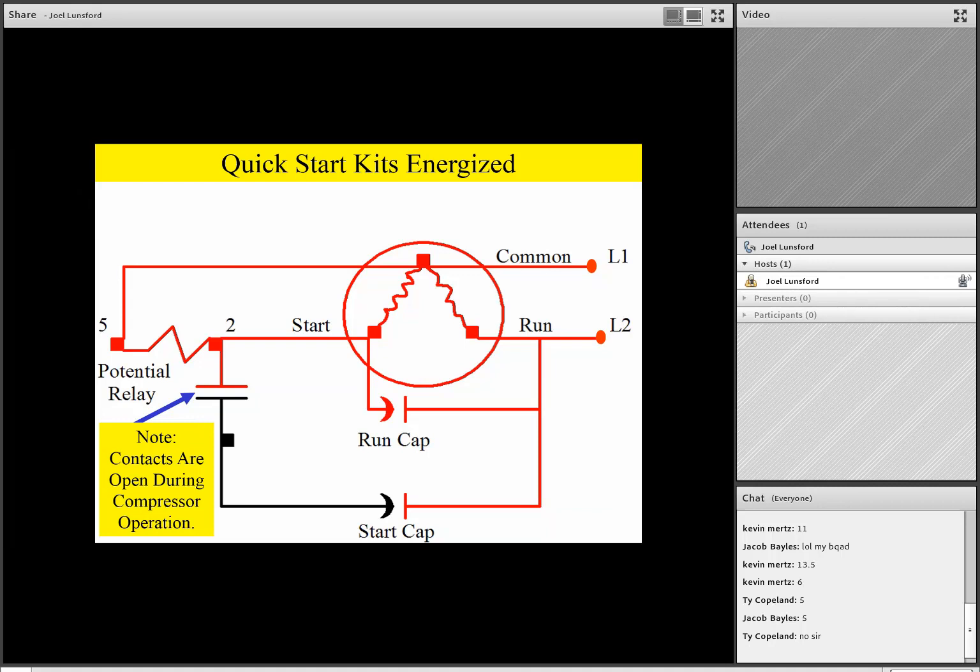However, the start winding voltage can exceed 400 volts when the motor is coming up to full speed. You'll notice on the run capacitor, if you look at the ratings on the run capacitor, they are typically 370 volt or 440 volt rating. This is because they stay in the circuit all the time and the start winding voltage will not harm the run capacitor. Please note also the contacts are open during running operation of the compressor. They have to remain open on the potential relay.